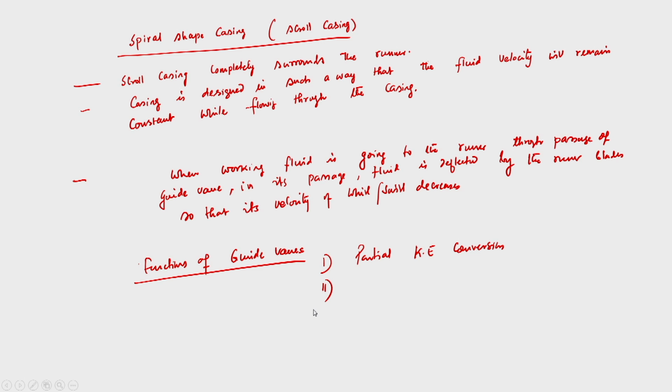Number two: guiding the absolute velocity of the working fluid; by guiding the absolute velocity of the fluid, we can change the guiding angle. Number three: it acts as a governor, controlling the amount of fluid from the penstock.